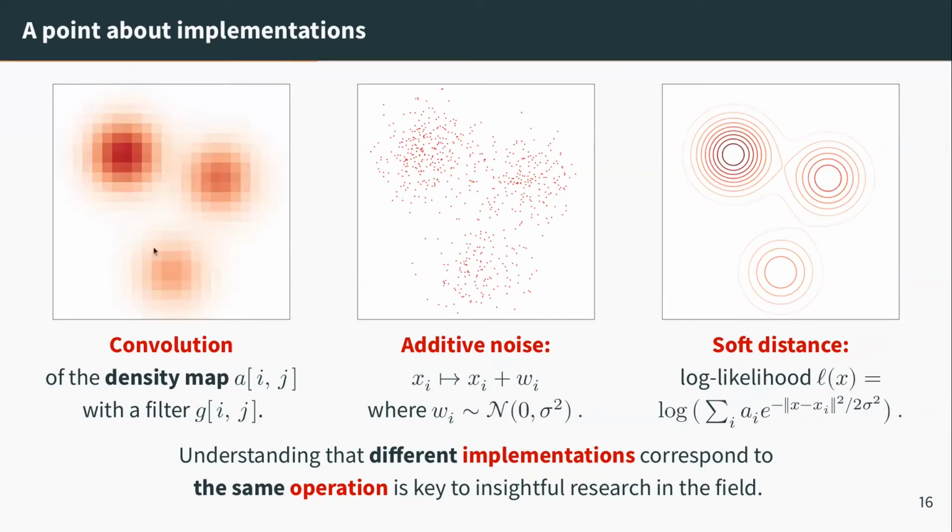If you have encoded your measure as a density map, then making a convolution with a Gaussian kernel, you're going to implement it by using a convolution kernel in PyTorch. You're going to take your density map, define a filter that essentially has values filled with exponential of minus x squared plus y squared.